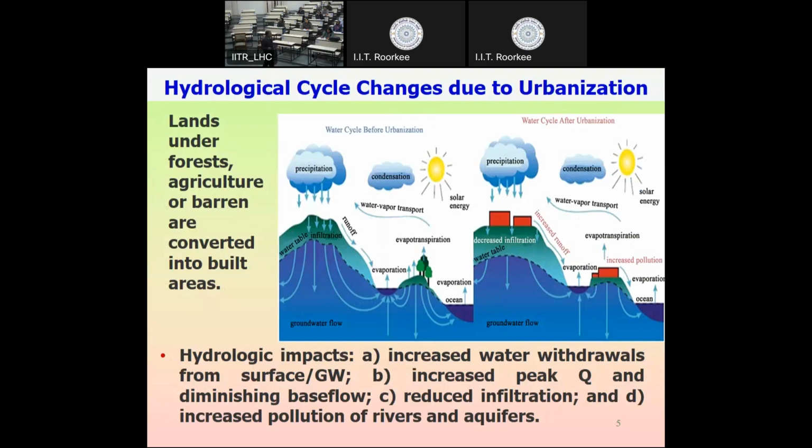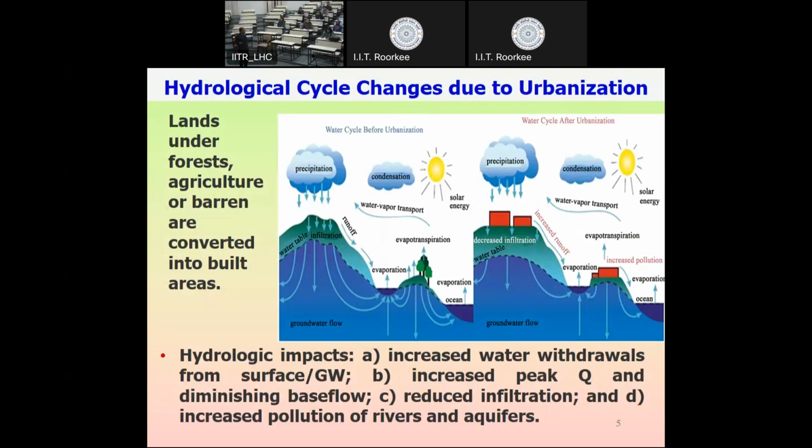But as a result of urbanization, some changes in the cycle may take place in the sense that some components may have higher magnitude, some may have lesser magnitude. This is what you can see on the diagram right hand side. So here, for example, earlier this place was all exposed soil and other features, but as a result of urbanization, some of this may become paved.